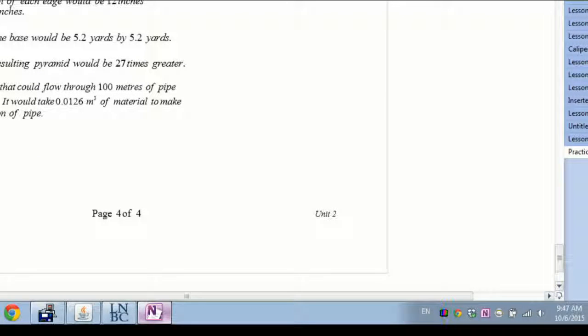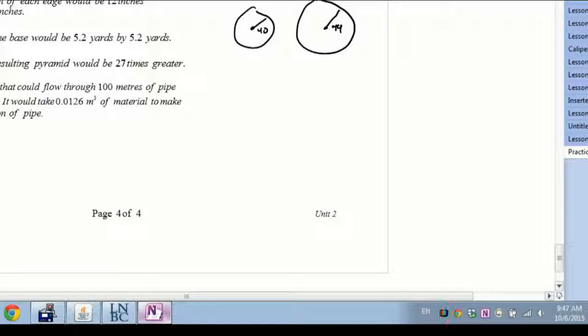So I'm going to find some space down below and redraw my picture here. I'm going to just draw it as two different pictures. The first one is 40, and then the second one is 44.